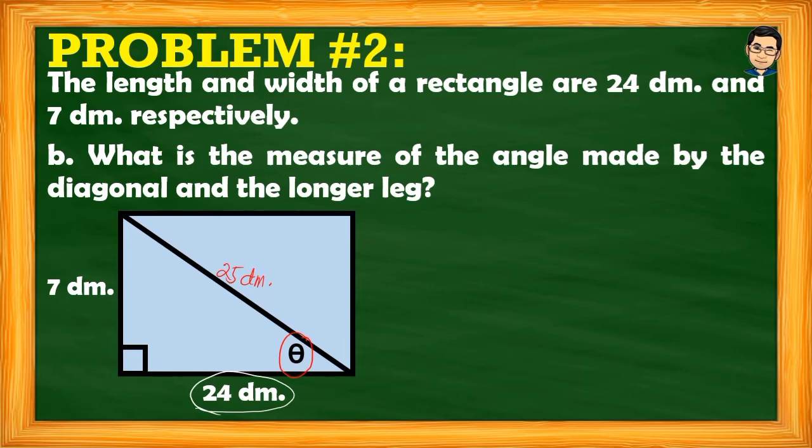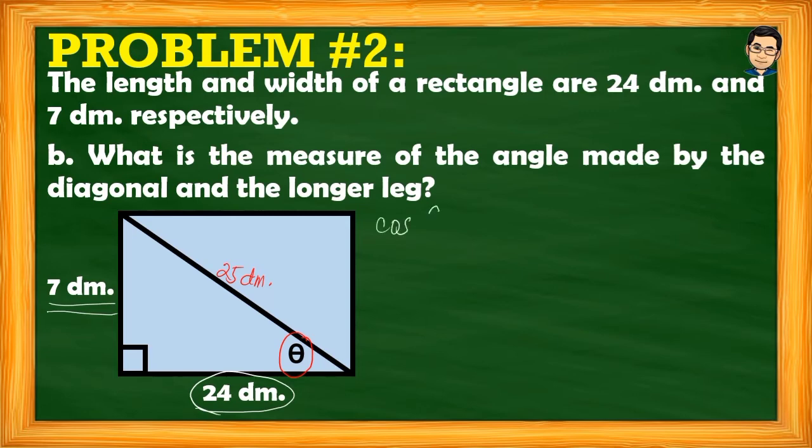So, kung yan yung theta and then 25 decimeters ang magsisilbing hypotenuse, yung kanyang longer leg ang magsisilbing adjacent side. Kasi itong 7 decimeters na to ang kanyang opposite side. So, kung given yung adjacent side and then yung hypotenuse, ang gagamitin natin is cosine.